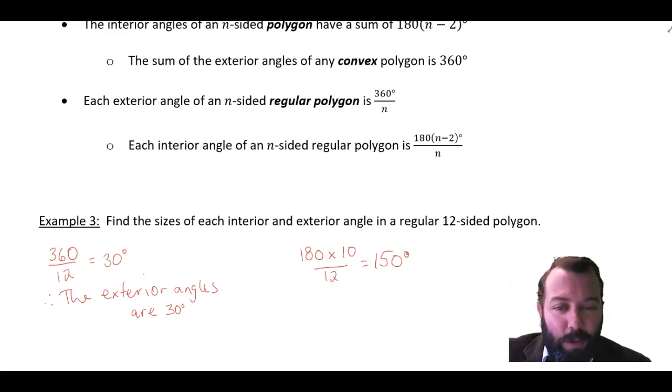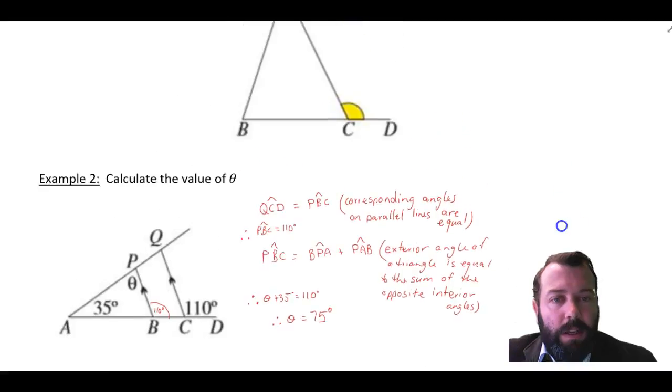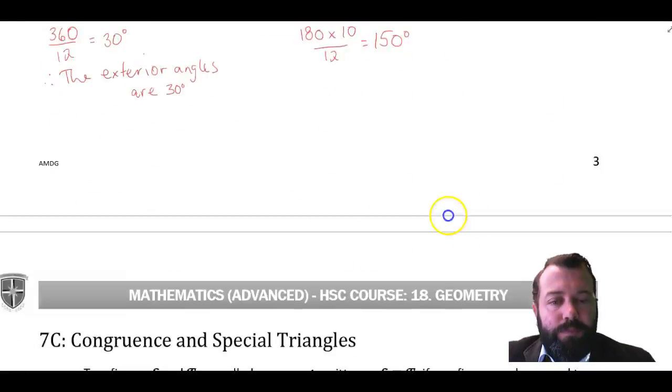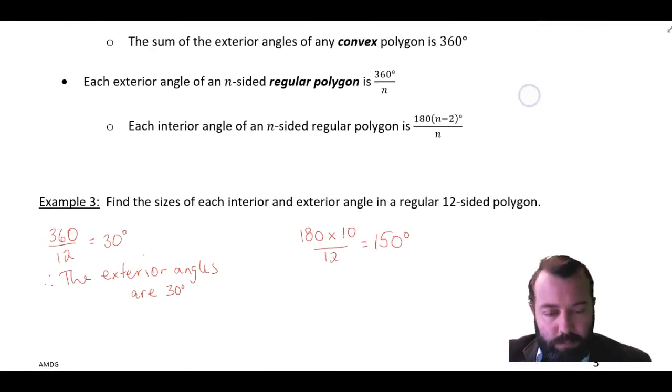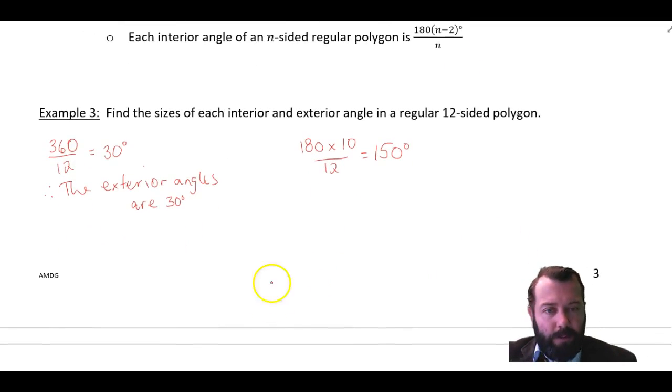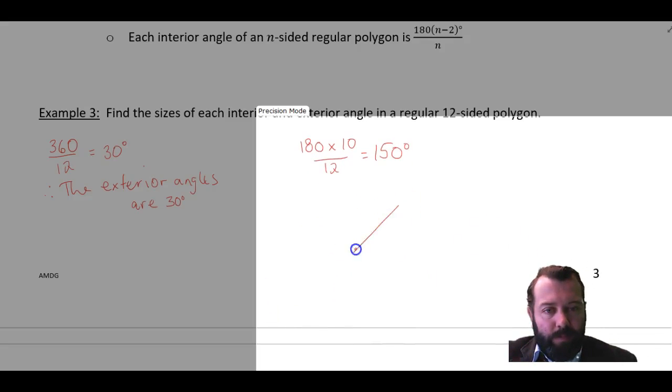It's quite straightforward that the exterior and the interior angles are supplementary. If I just draw a little part of it here, if I have something like this going on, this is my interior angle, this is my exterior angle.